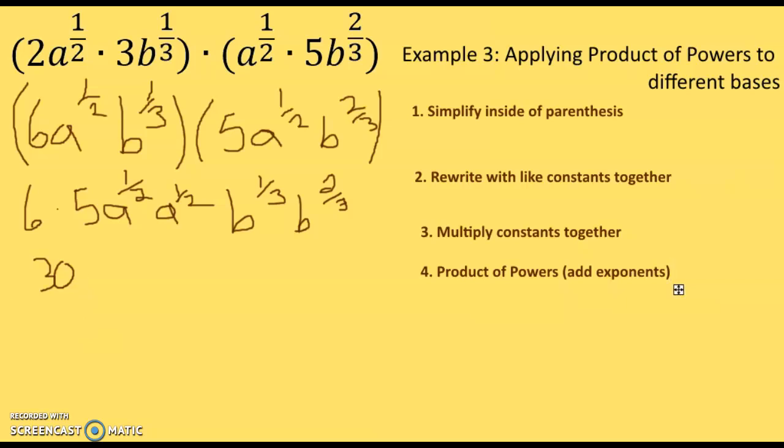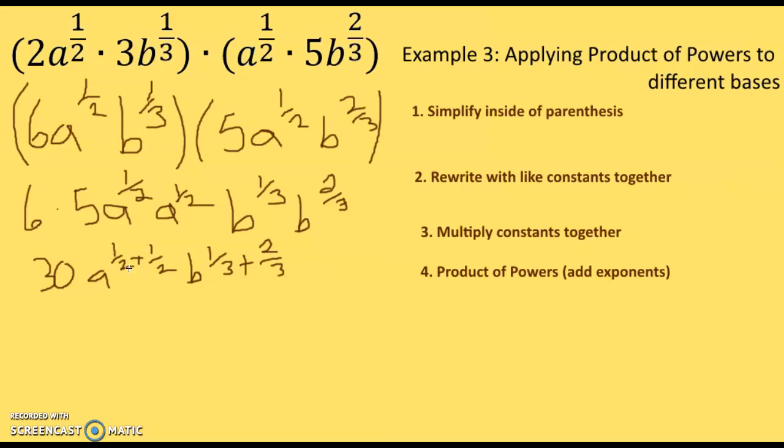Okay, the next step would be to combine the exponents and multiply the 6 times 5, which is 30. So we're going to have 30 times a to the 1/2 plus 1/2 power times b to the 1/3 power plus 2/3 power. Now these have the same denominator, so they're like fractions, so you could add them. 1 plus 1 is 2.